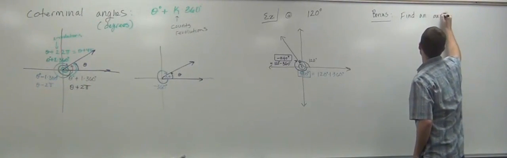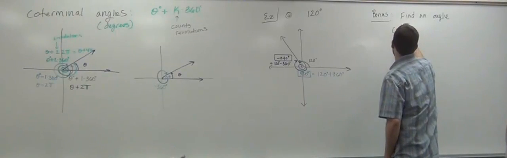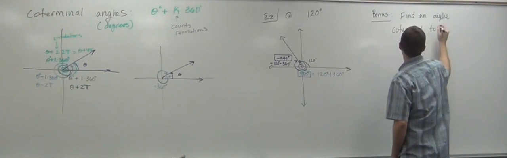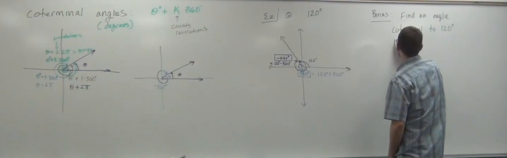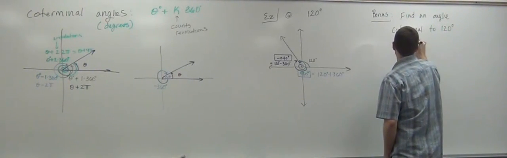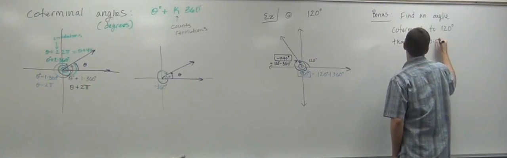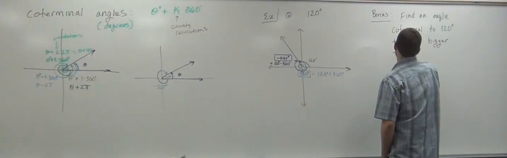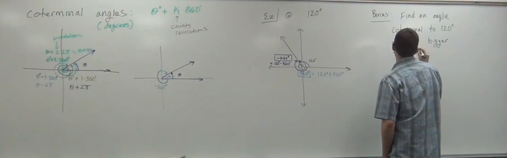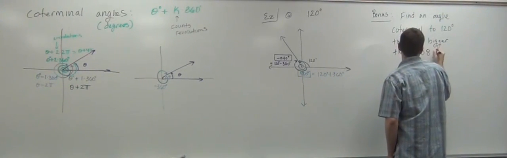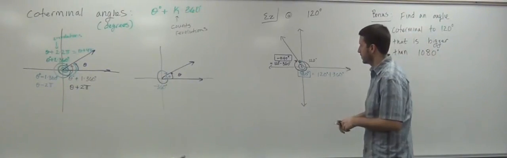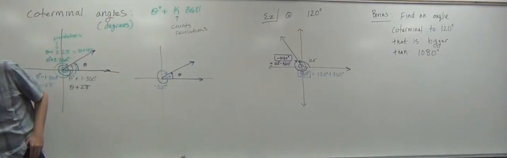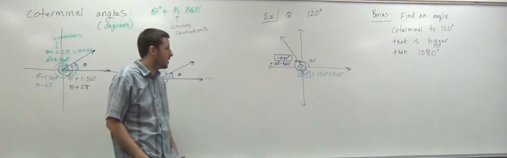So find an angle coterminal to 120 degrees that is bigger than, oh, let's say 1,080 degrees. So how do you accommodate me here?